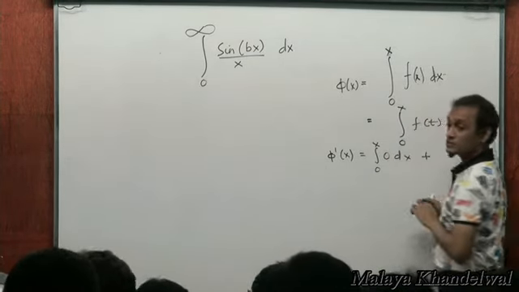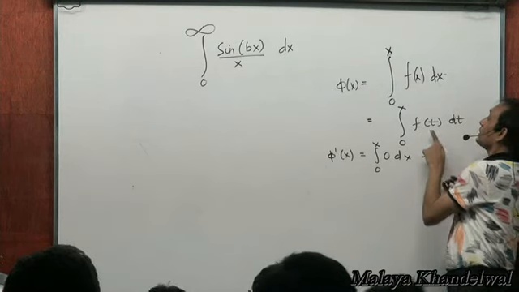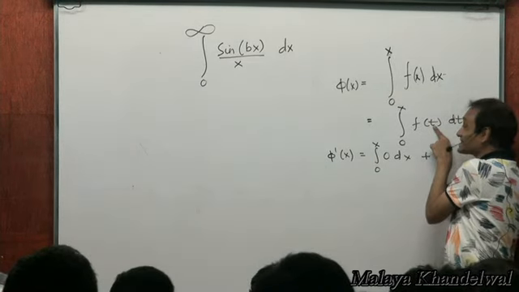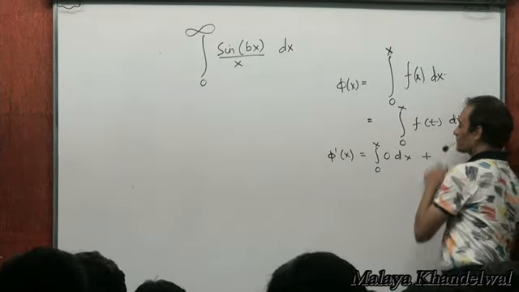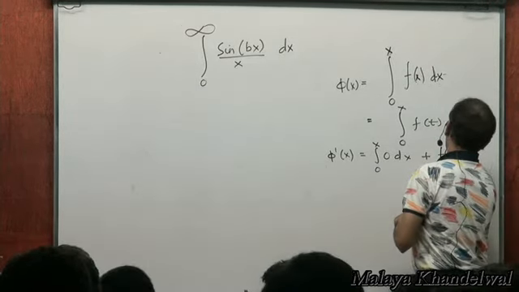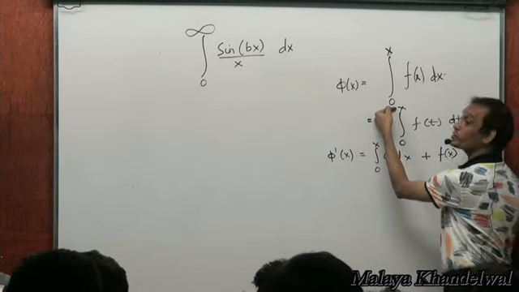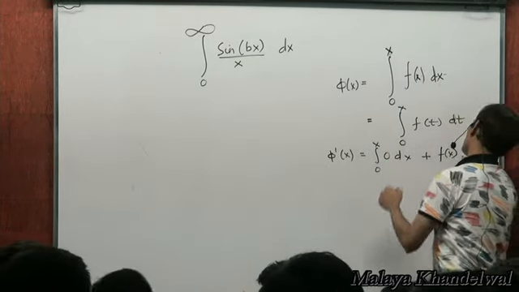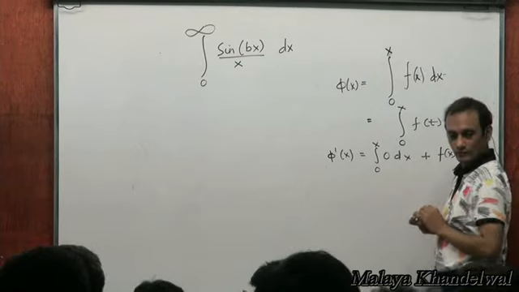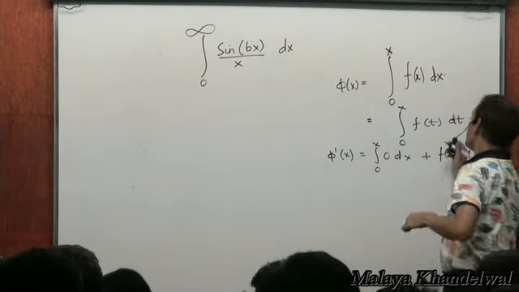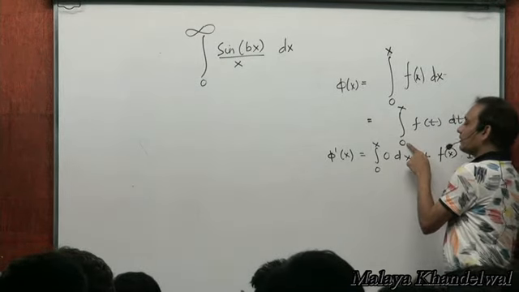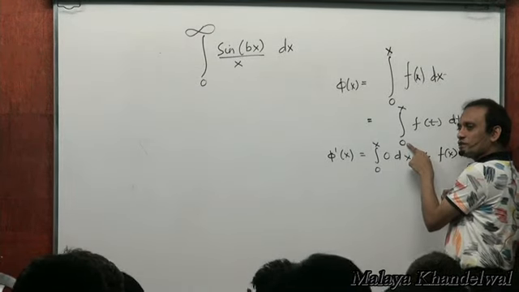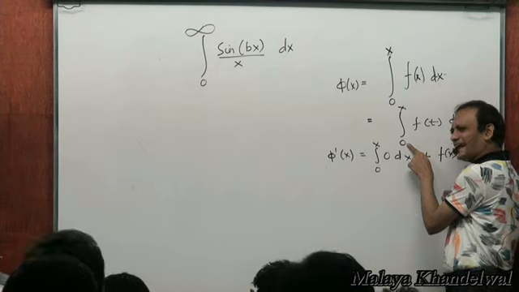In the next, what would I do? I will replace this t with this x. So I'll get f(x). And then I'll differentiate x with respect to x, get 1. Right? In the third term, this is a constant independent of x. So if I differentiate this, I'll get 0.